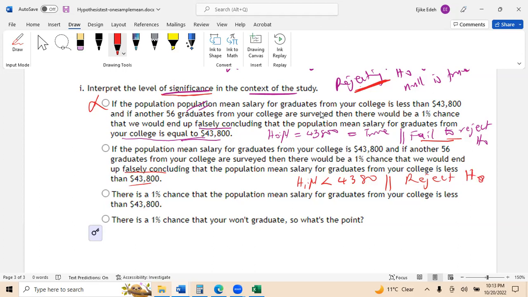And this is exactly the definition of type 1 error. Type 1 error is to reject H0 when it is true. So to wrongly reject H0 is your type 1 error. Okay, so that makes this the correct answer.